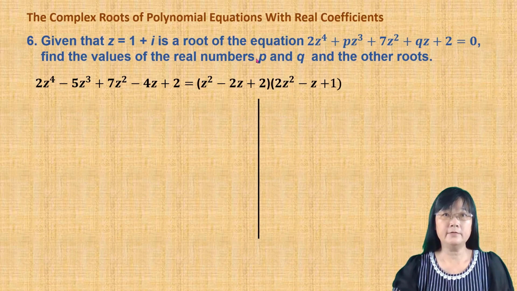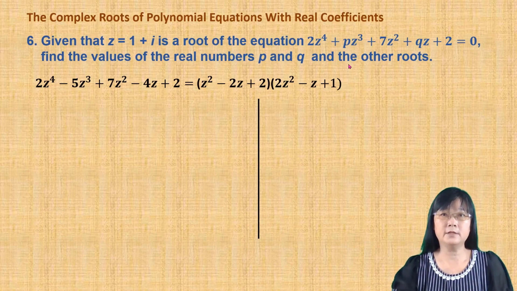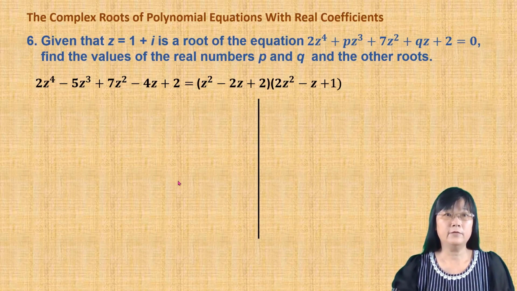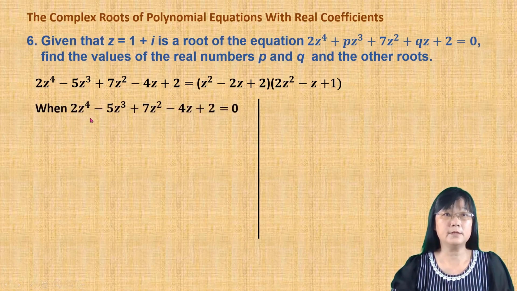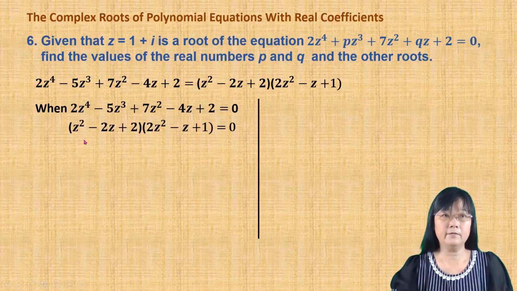After we have got the values of P and Q, now we move on to the second part of the question, that is to find the other roots. When we want to find the roots, it means the polynomial is equal to 0. Now I replace the polynomial with the quadratic factors.